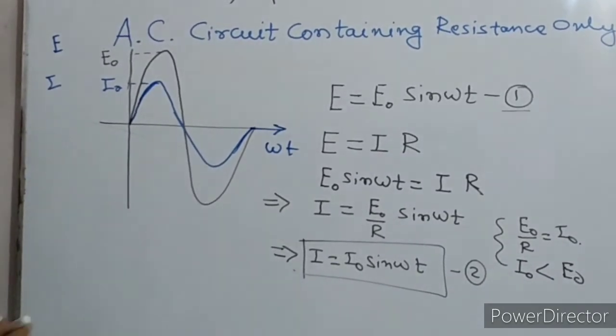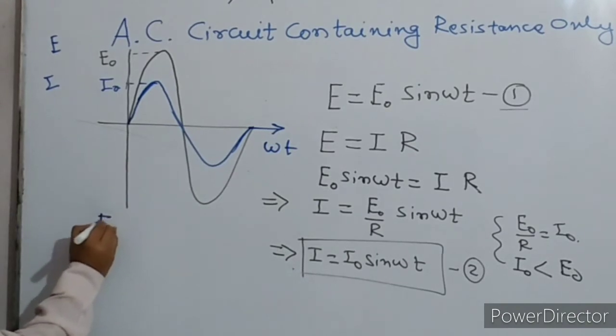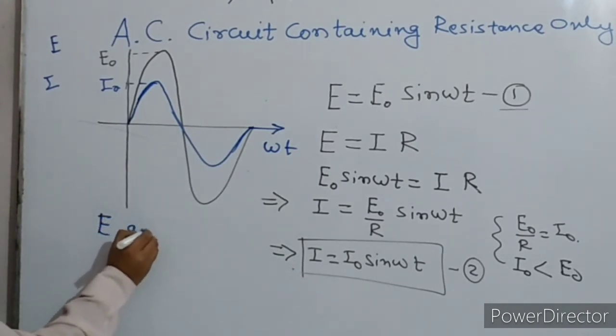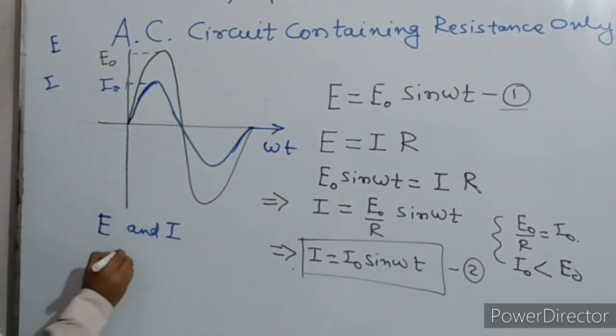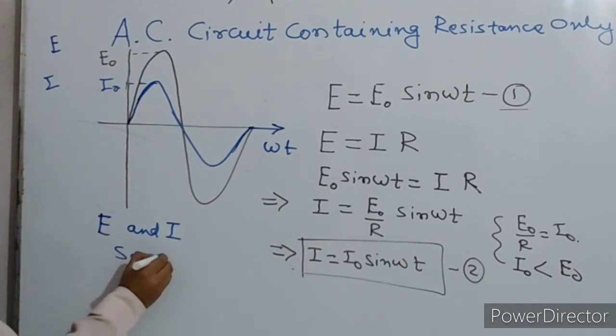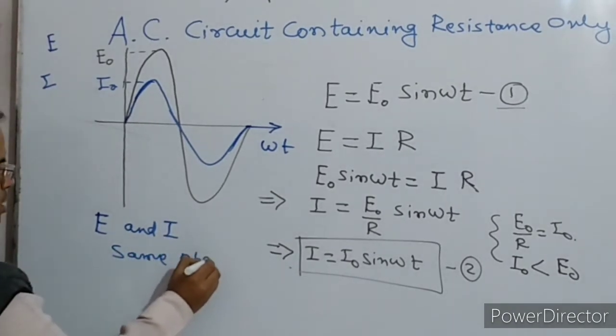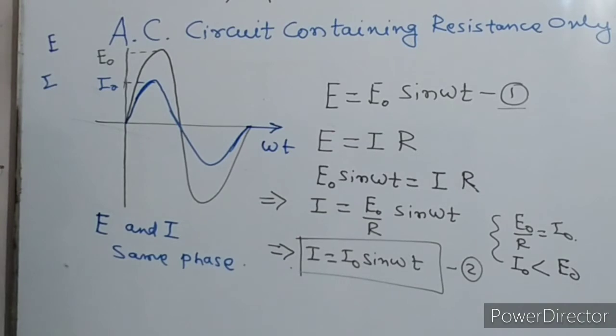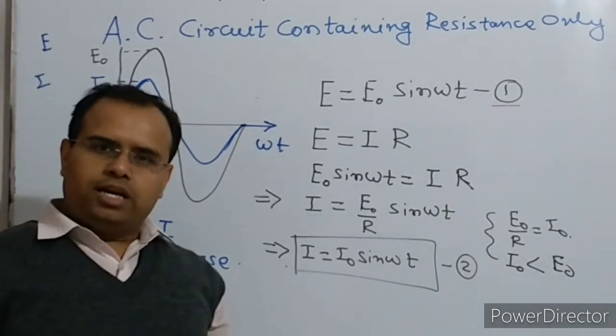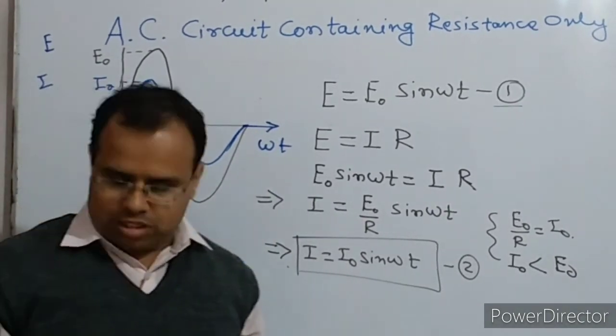So you can write here that EMF and current are both in the same phase when the resistance is connected in the alternating circuit.